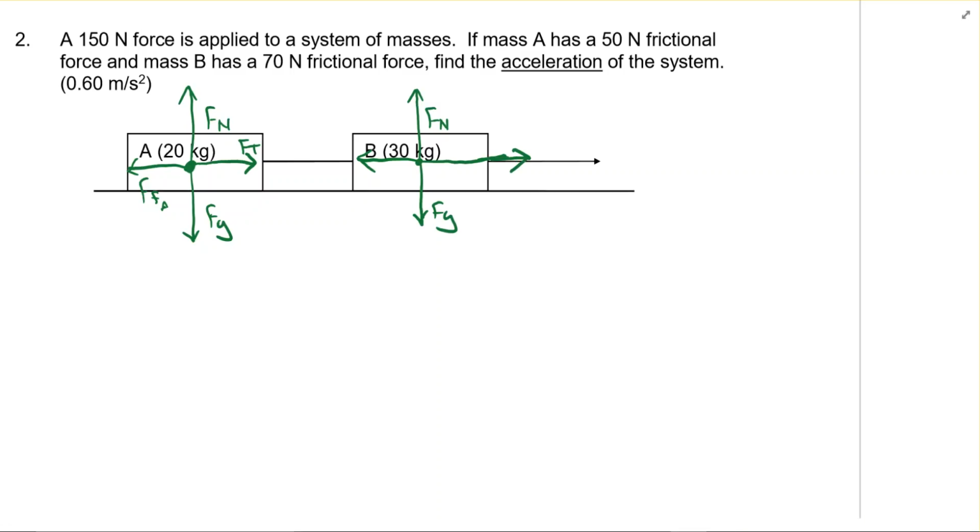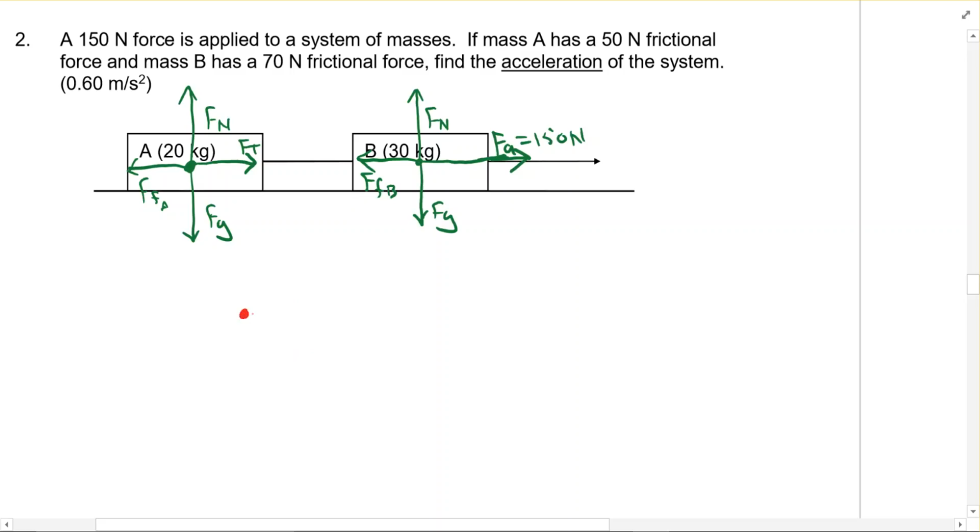This one's actually going to be easier than the one above, and the reason is because they've given us the applied force. So F applied is going to be 150 newtons, going that way. And they've also given us the force of friction A and the force of friction B. So we can just right off the bat make our free body diagram for the system.